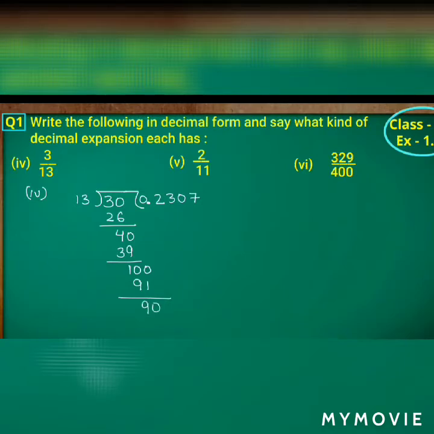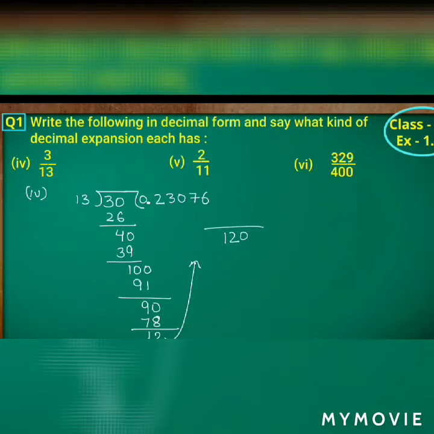So again I am taking 0. The nearest value to 90 in the 13 times table is 13 sixes are 78. I'll just drag this side since I am having very little space. So the remainder here is 12, isn't it?